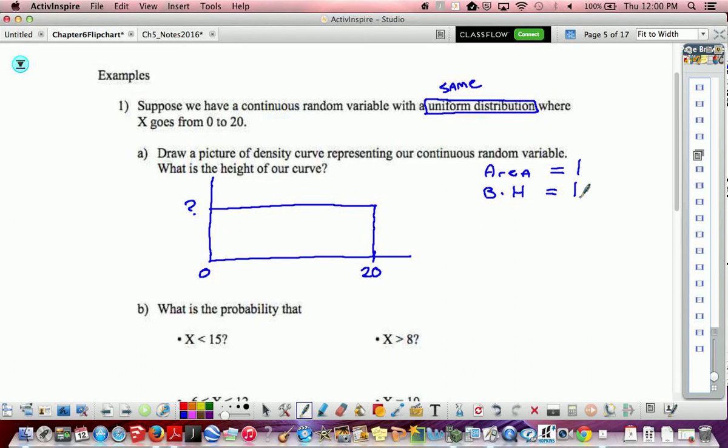Yeah. So what's the base? 20. Because you're going from 0 to 20, so it has a length of 20 units. Height is what we're looking for. So if you divide by 20, 1/20th, or it has a height of 0.05.